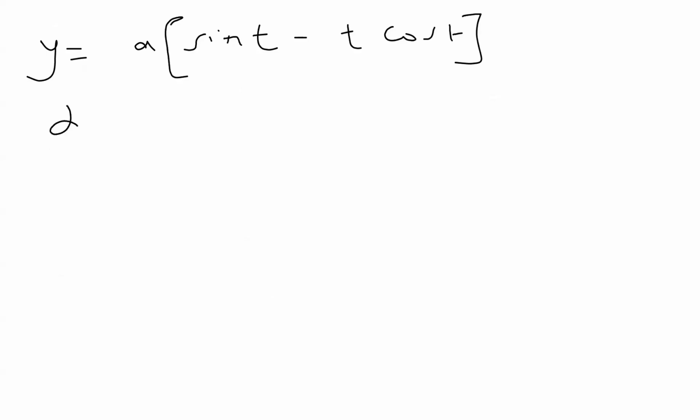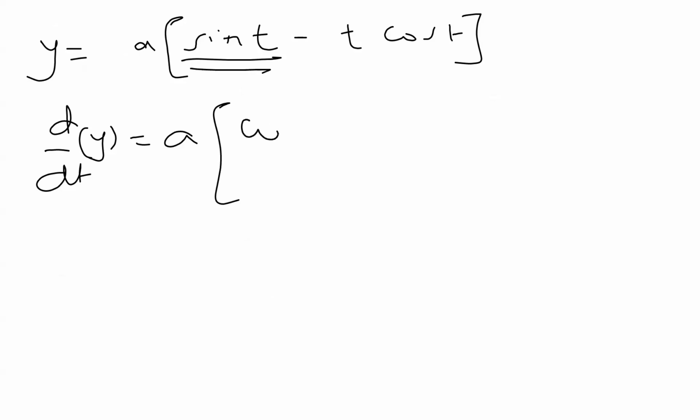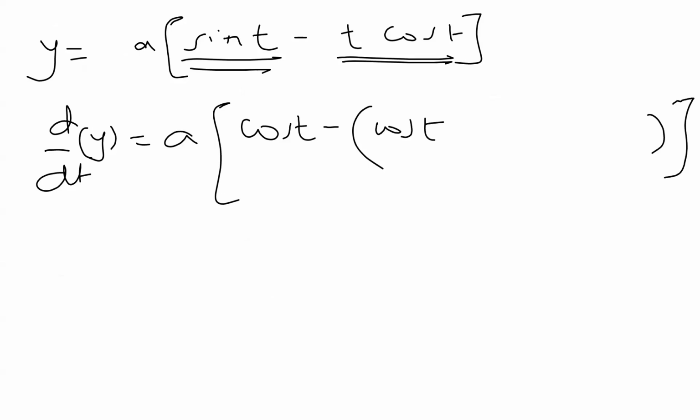So d by dt of y, differentiating with respect to t. Sin t becomes cos t, and this is u into v rule. So I'll just put a bracket over here. Derivative of t with respect to t is 1, plus t into derivative of cos t is sin t.